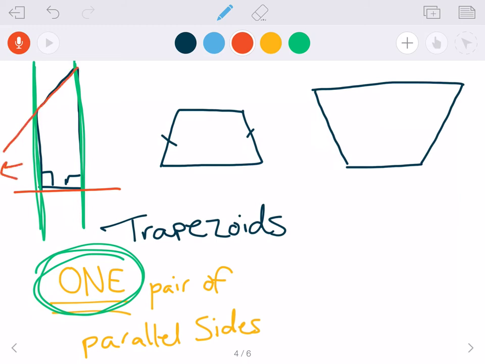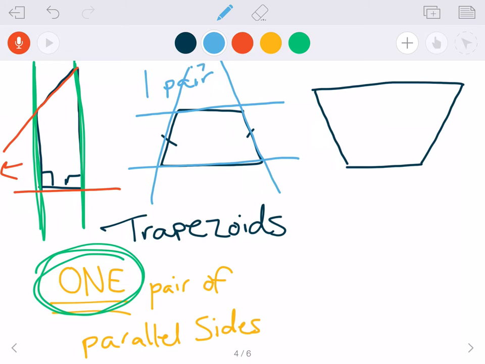However, if I did the same thing where I extended this side and this side, they would eventually cross if we continued those lines. Same thing for this middle one, and the drawing isn't perfect, but if I were to extend that side and that side, those would never cross.